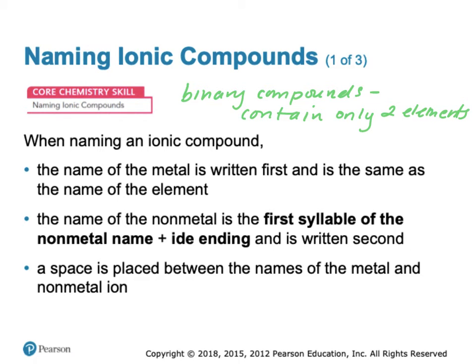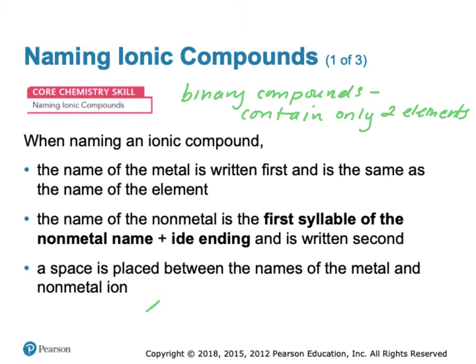Because they contain only two elements, we are going to be looking at a metal and a non-metal. The metal is the cation, and that will come first. Then it will be followed by the name of the anion, which is the non-metal. We generally ignore subscripts in naming binary compounds.